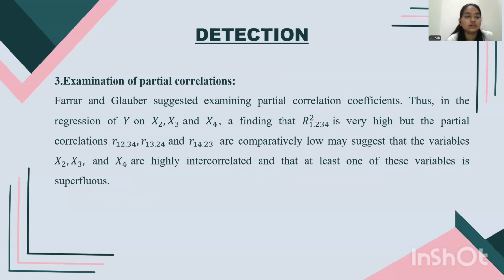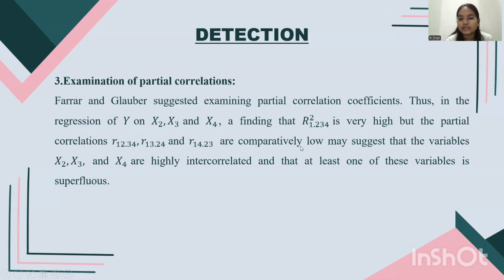Thus, in the regression of y on x2, x3, and x4, a finding that R square 1.234 is very high, but the partial correlations R12.34, R13.24, and R14.23 are comparatively low, may suggest that variables x2, x3, and x4 are highly intercorrelated and that at least one of these variables is superfluous. So examine the partial correlations.